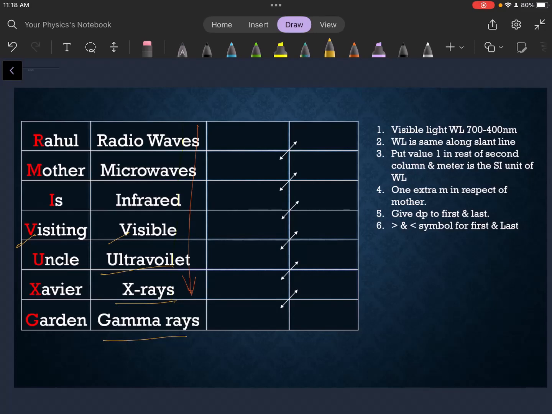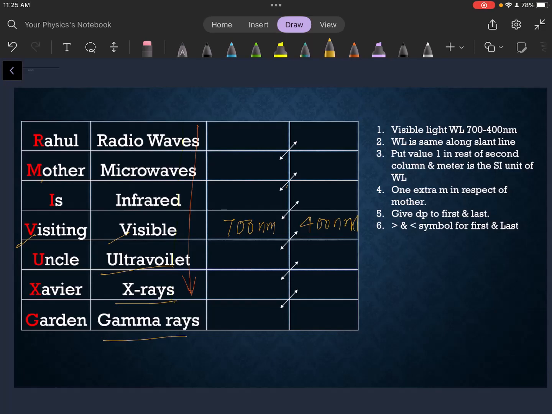The wavelength of visible light is between 700 to 400 nanometer. So this is the first step: put the wavelength of visible light in its row. So we can write 700 nanometer to 400 nanometer.